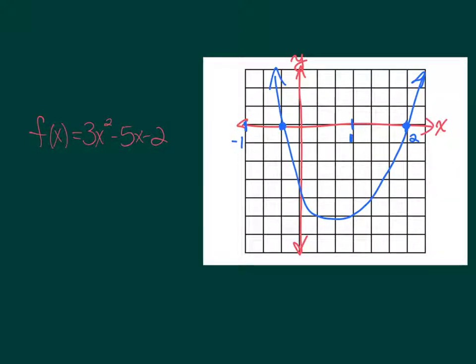A rough graph of this function f of x equals 3x squared minus 5x minus 2 is in blue over here on the right. One thing that you need to understand, first of all, is that when we are trying to find this area, we're trying to find the area between the function and the x-axis.